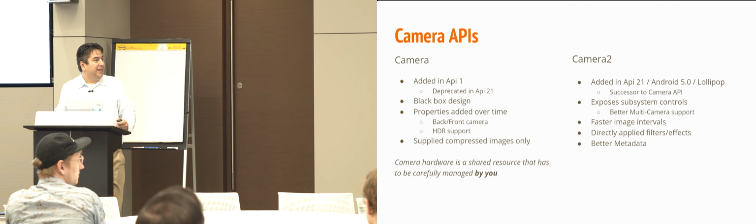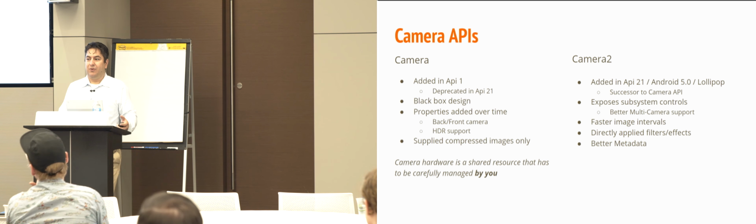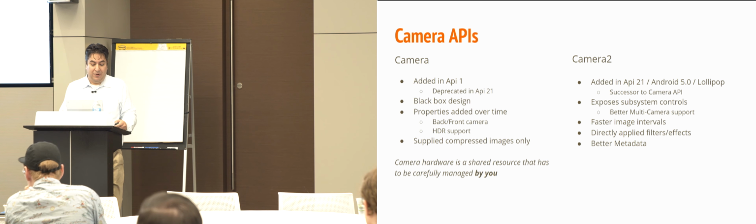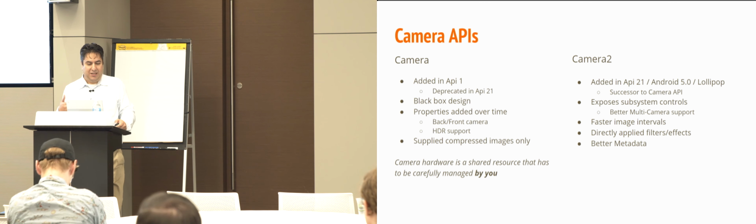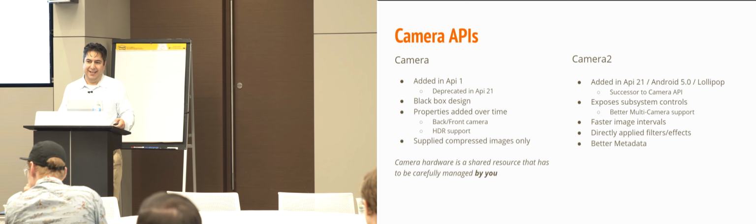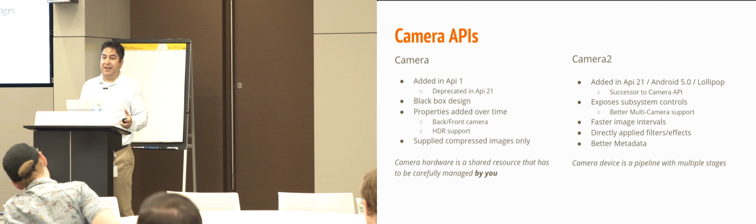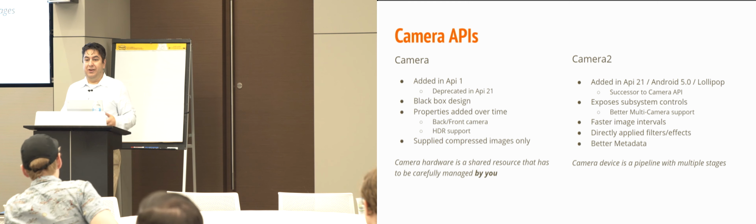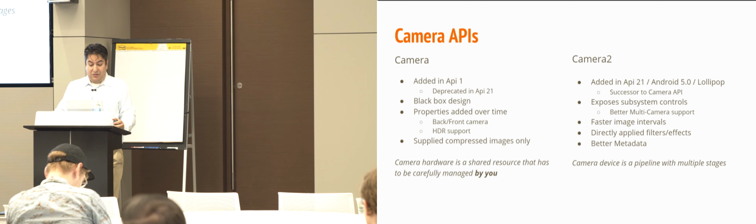You also got better metadata because of the sensors and the other settings that were now exposed to you. And this came from a change in the way that the hardware was built, because they moved from seeing camera as a piece of hardware to being a device that was a pipeline instead. And it had multiple stages wherein you could inject and do things. And this allowed you to do those wonderful effects that you could do in real time.